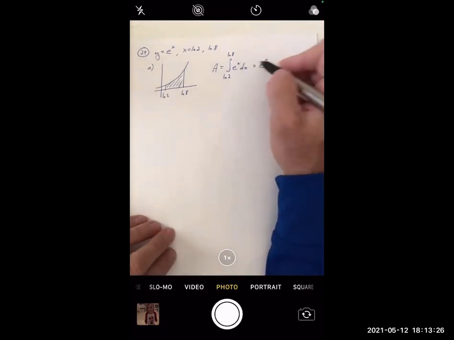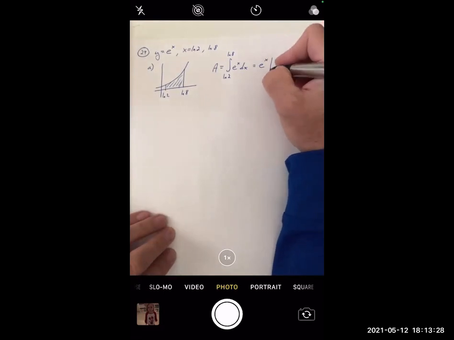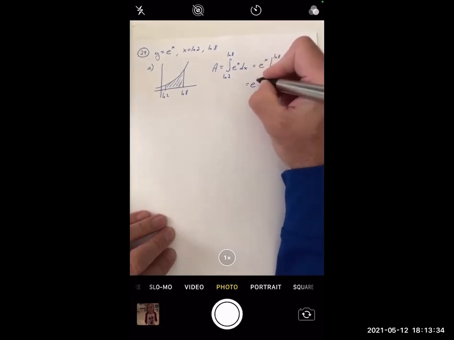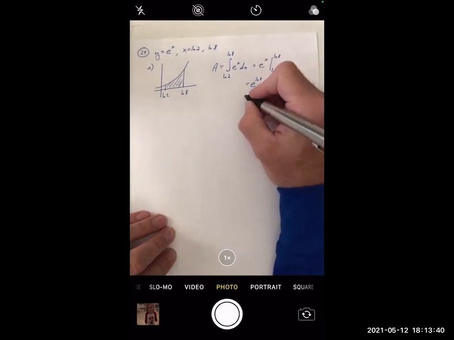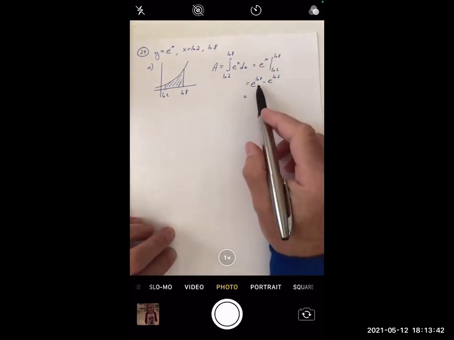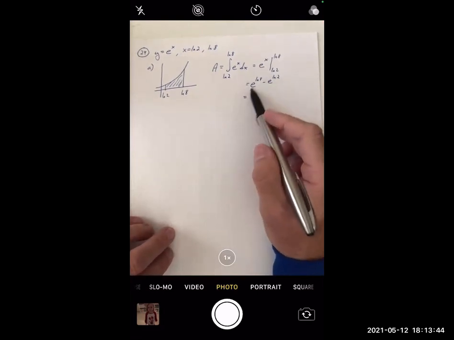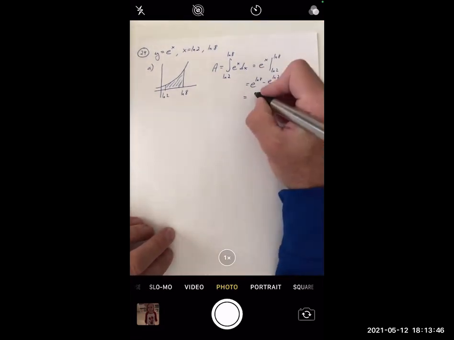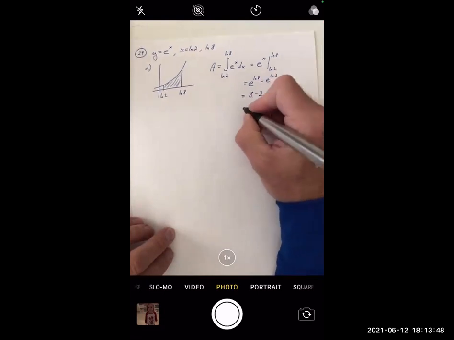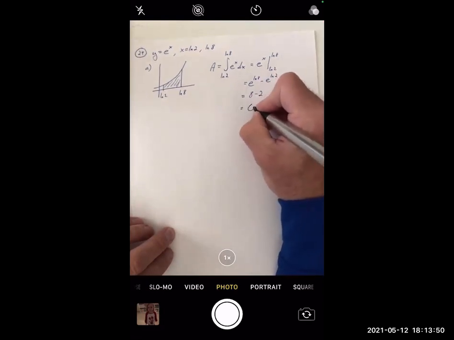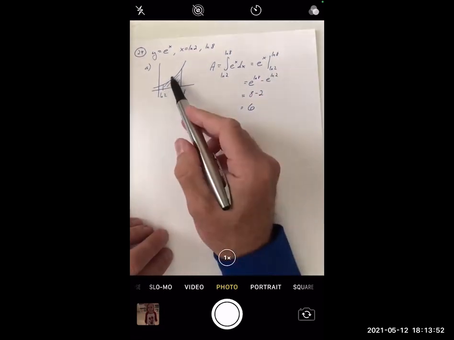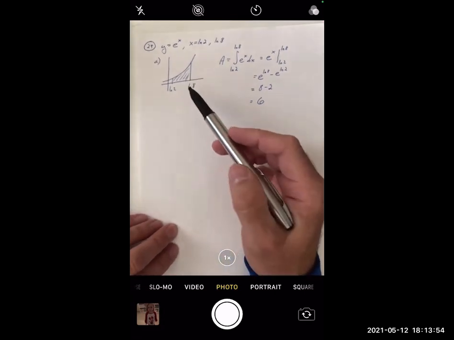Because if you integrate e to the x, you just get e to the x, going from ln of 2 to ln of 8. Having those bounds makes it really nice because the e and the ln cancel out. And so the area of that region, as crazy as it is, is just 6.